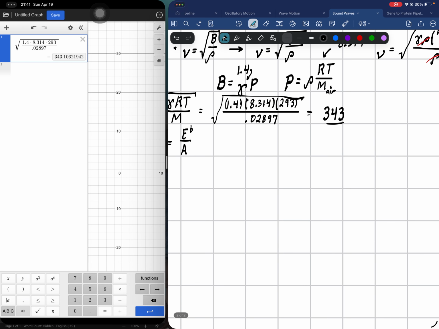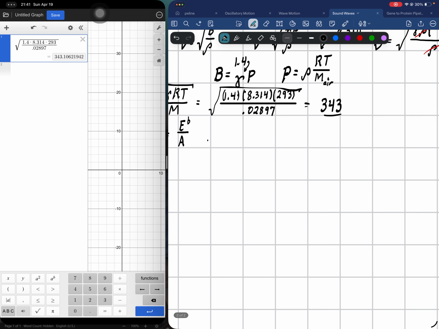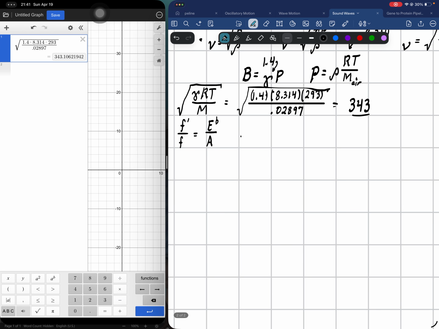We know there are 12 keys on a piano, and the relationship between each key as you go up in semitones is going to be 2 to the power of 1/12.